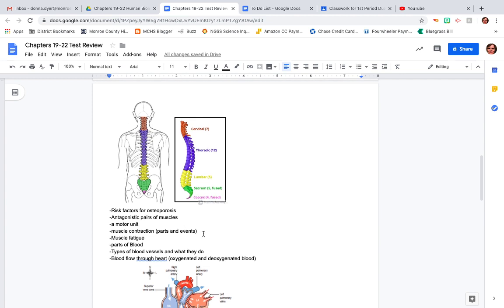And then the parts and events of muscle contraction. Remember that basically calcium attaches to a regulatory protein on the thin filament called troponin. When calcium attaches to troponin, this moves another regulatory protein called tropomyosin out of the way on the active sites of actin. Actin is the major portion of the thin filament. When tropomyosin is moved, the active sites on actin are exposed.